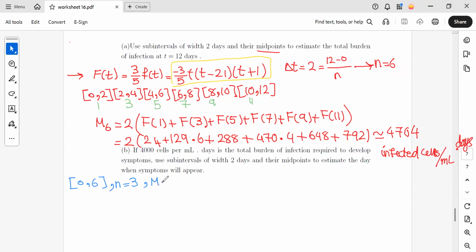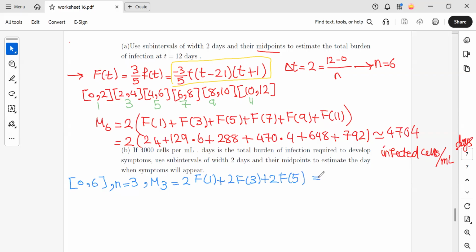And m sub 3 will be 2 times f of 1 plus 2 times f of 3 plus 2 times f of 5 because n equals 3.